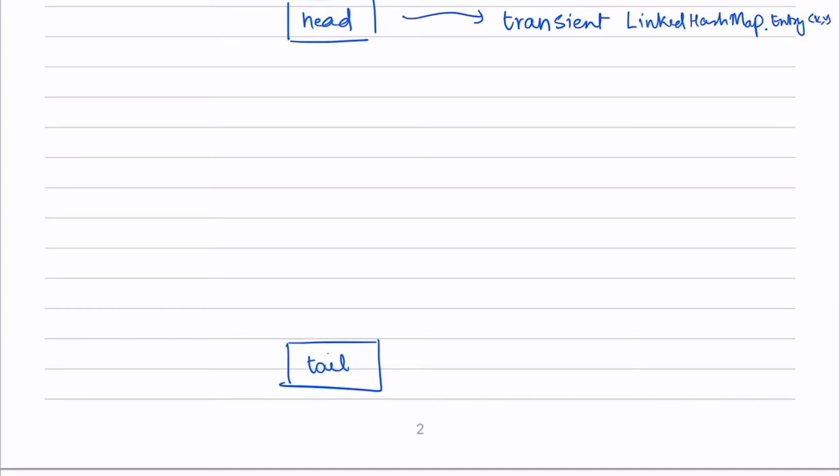Sorry it went too long. And this is head, and similarly this is written here: transient, linked hash map key value dot entry. Sorry, I think I made a mistake here.